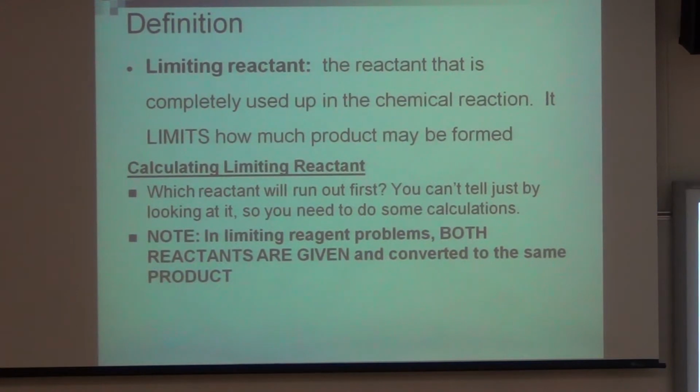Whenever you see 2 givens in a problem, that is a big red flag or clue that you're dealing with a limiting reactant problem. You're going to convert each of them to the same product. And then you're going to choose your smallest answer. The smallest answer tells you how much you can produce. The starting point of that smallest answer on your T-chart tells you what your limiting reactant is.